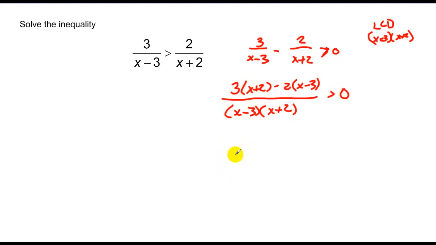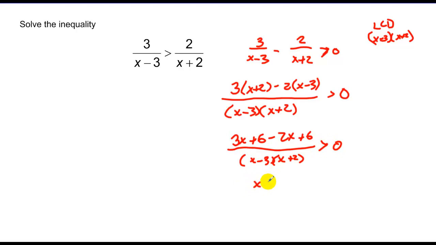Next I want to simplify. I have 3x plus 6 minus 2x plus 6 over that LCD term. So that gives me x plus 12 over x minus 3 times x plus 2. So now we're ready to find intercepts and where the denominator equals 0.